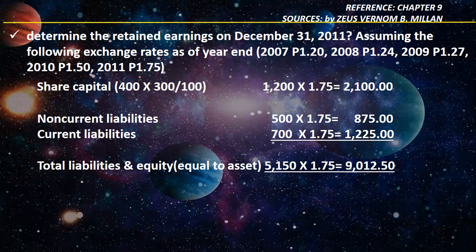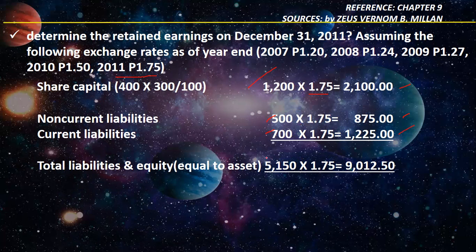Our reporting date is 2011, so we will use 1.75. Since we already computed share capital, we just multiply by 1.75. We also already computed non-current and current liabilities, so we just multiply by 1.75 to come up with 2,100 for the share capital, 875 for non-current liabilities, and 1,155 for the current liabilities.